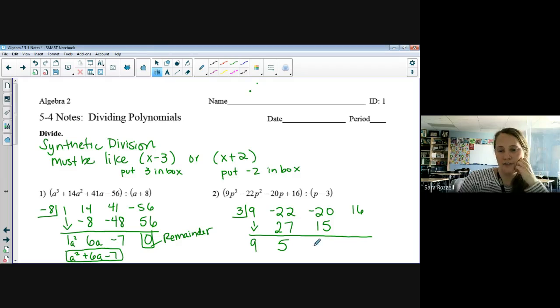It's negative 5, good. Negative 5 times 3 is negative 15. 16 plus negative 15 is positive 1.